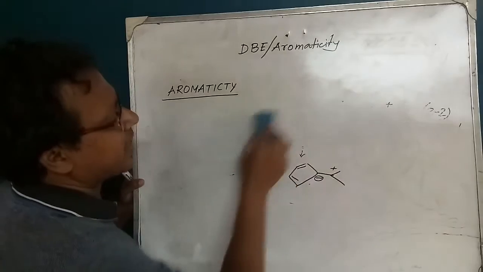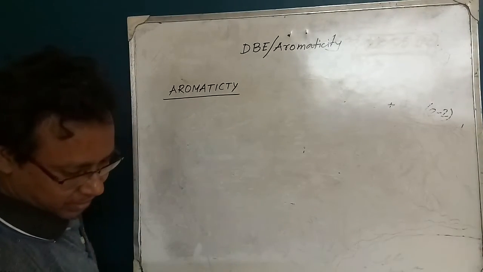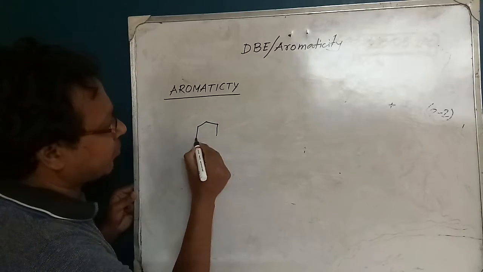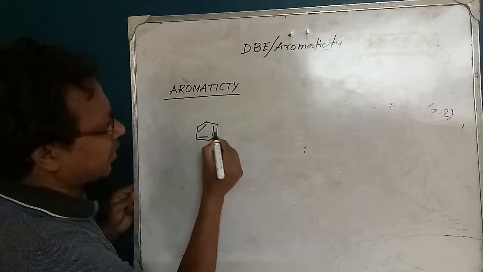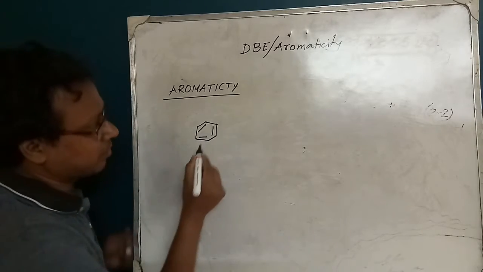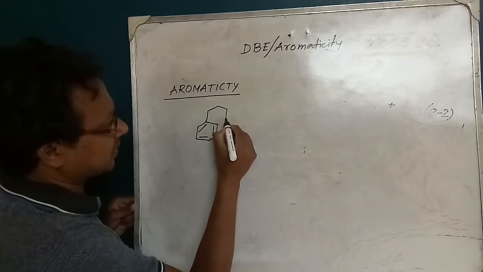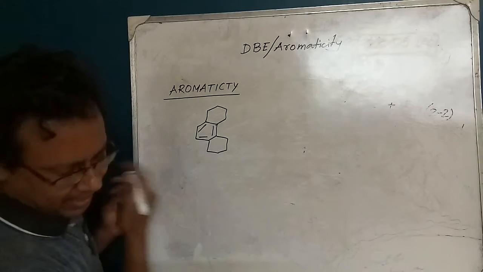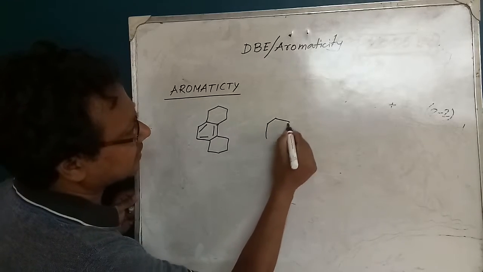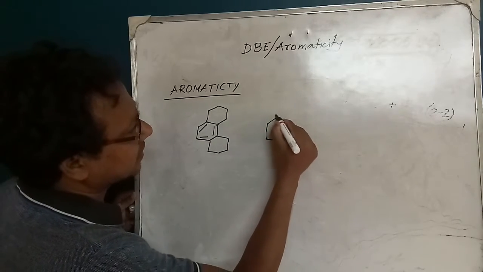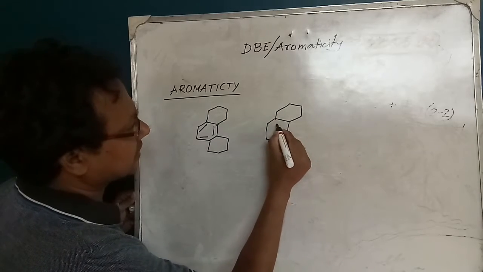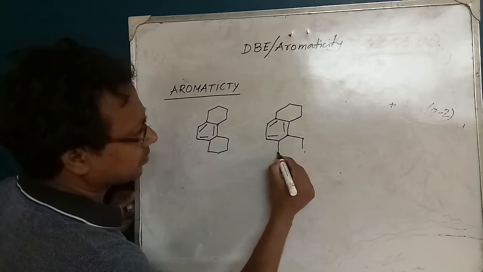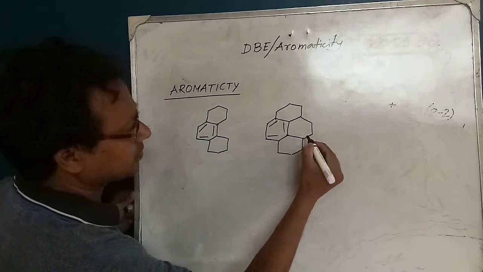Aromaticity and planarity of the ring. I am giving an example of two compounds, and you have to identify which one is more aromatic, that means more stable. This is one, and the other is here.